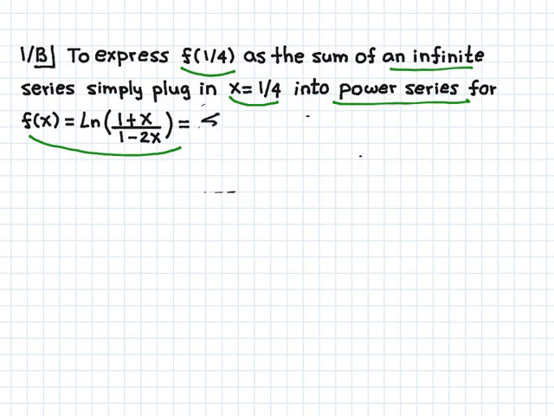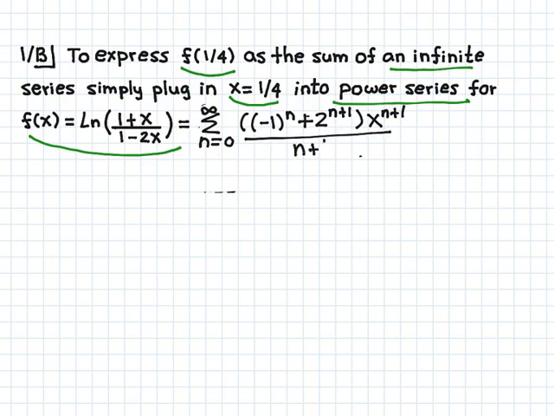The power series is the summation n equals 0 to infinity of (negative 1 to the power of n plus 2 to the power of n plus 1) times x to the power of n plus 1, divided by n plus 1, for absolute value of x less than 1/2. The radius of convergence is 1/2.